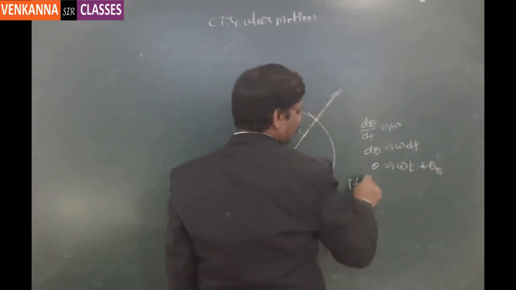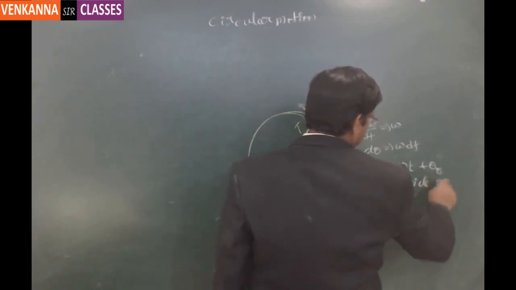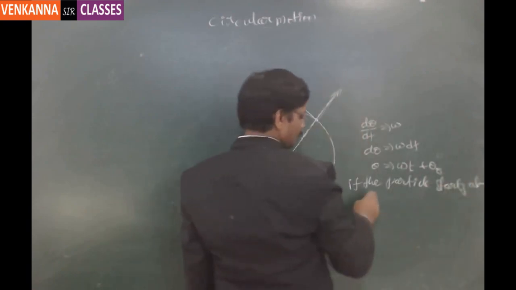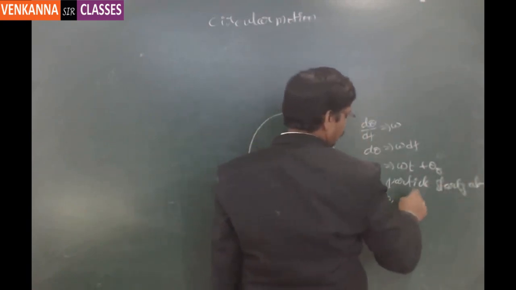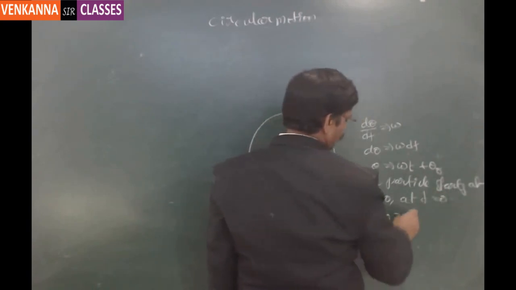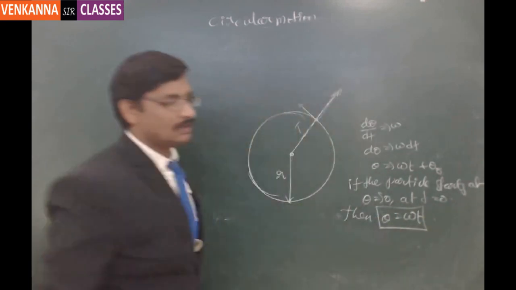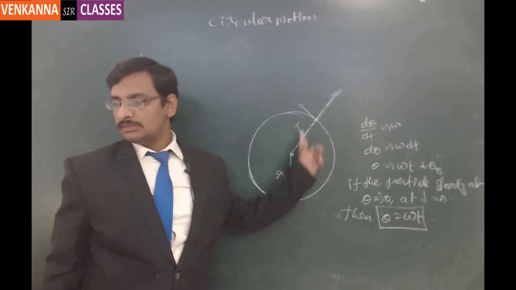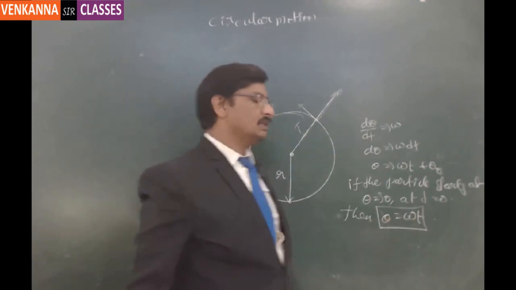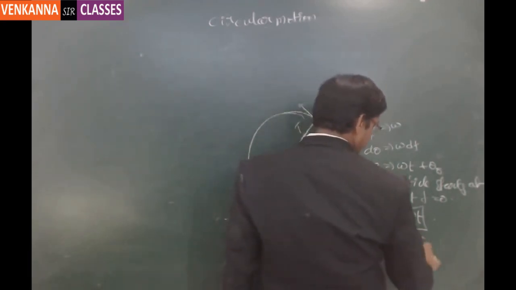If the particle starts at theta equal to 0 at t equal to 0, then theta is going to be omega t. So this is one relation where omega is the angular velocity, or angular frequency, as it is also called. It is treated in terms of radians per second.